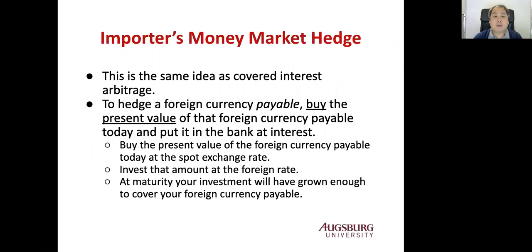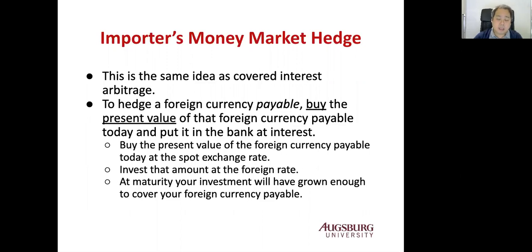To hedge the foreign currency payable, what you should do is buy the present value of the foreign currency payable today and put it in the bank at interest. It's pretty simple.